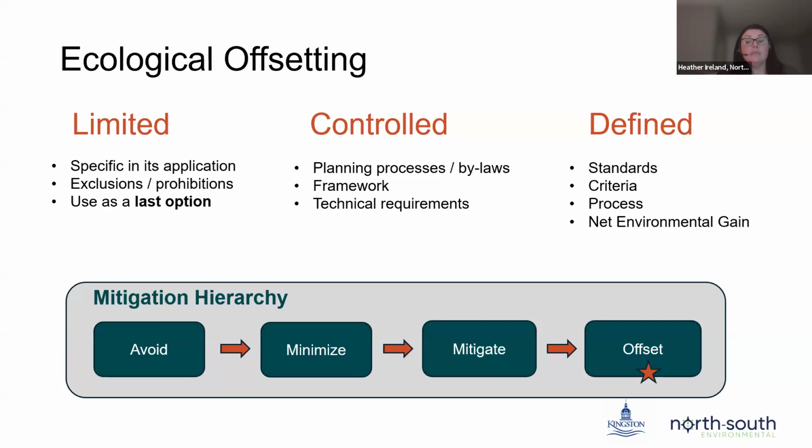Mitigation could be in forms such as buffers. And then only at the last step should offsetting be considered. It should not be considered around significant wetlands or those areas that are ecologically sensitive, consistent with the provincial direction.